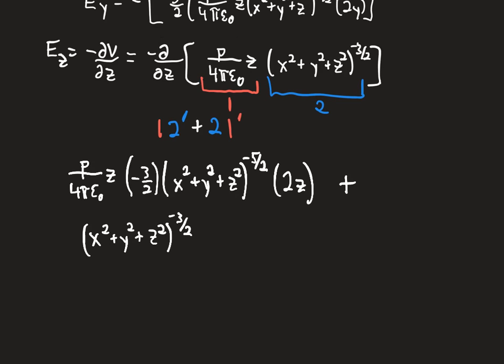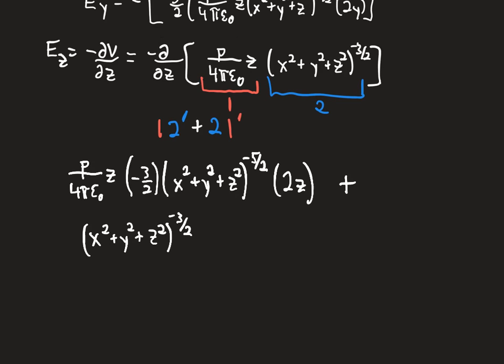What's the derivative of p over 4 pi epsilon naught times z? What's the derivative of 5z with respect to z? 5. What's the derivative of 1,260z? 1,260.